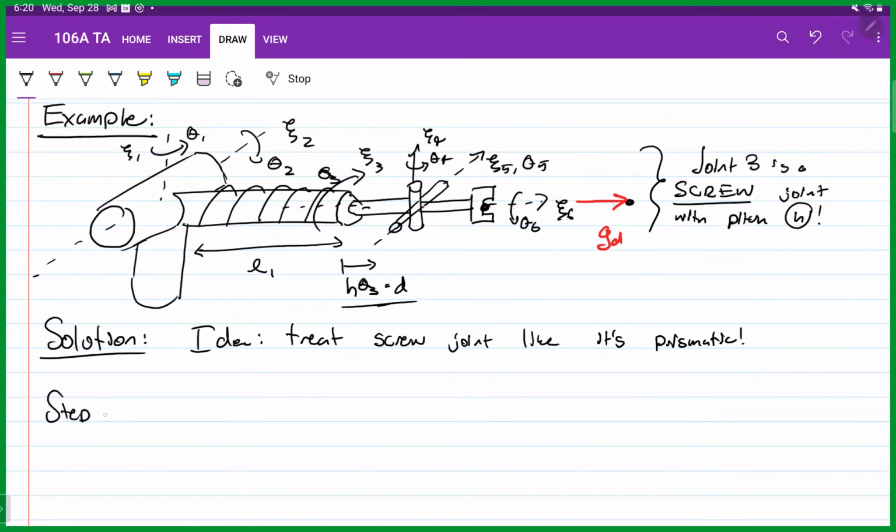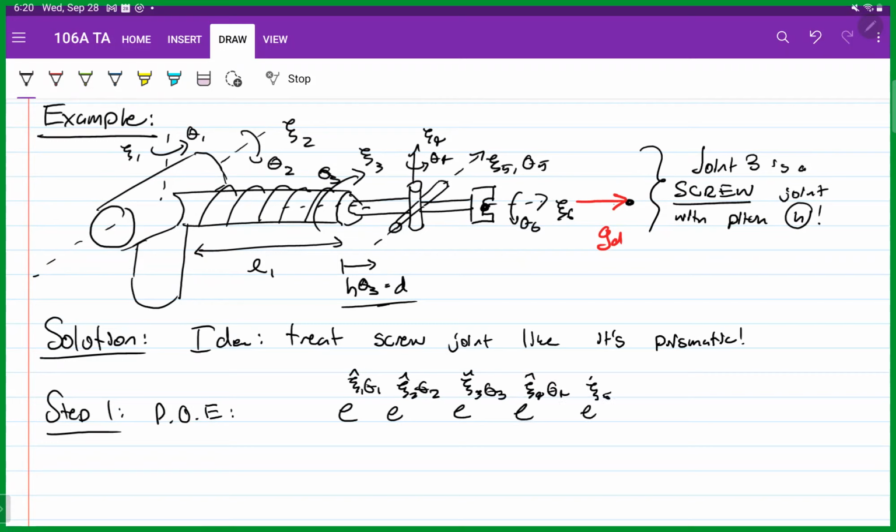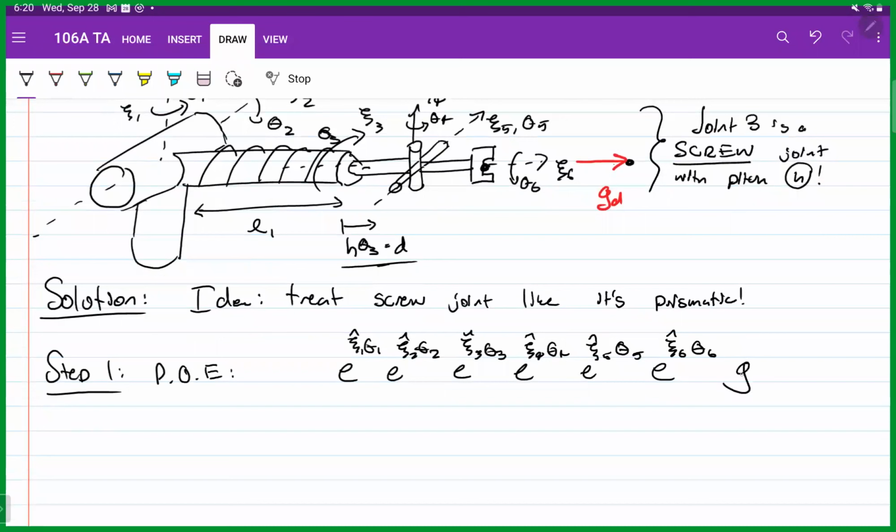So we start out by writing the product of exponentials. We're going to have e to the xi1 hat theta 1, e to the xi2 hat theta 2, and so on through theta 4, e to theta 5, e to xi6 hat theta 6, and it's going to be times some g_st of 0, and we want that to be equal to our g desired.